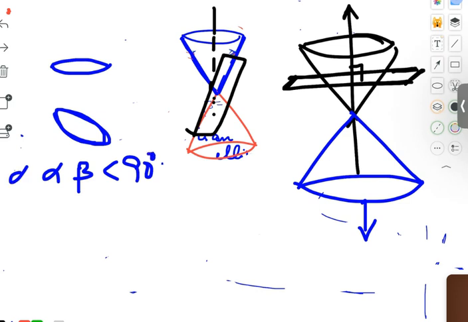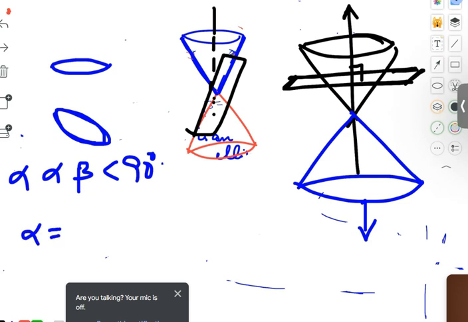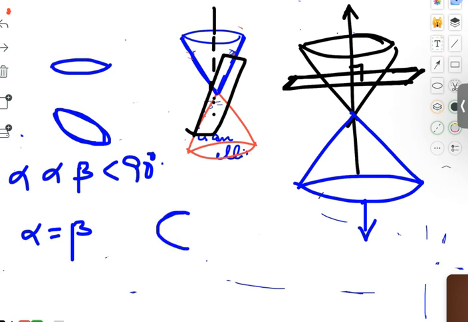What happens when alpha and beta are equal? When you cut it, what we get is only a parabola. The conic section is going to be just a parabola.